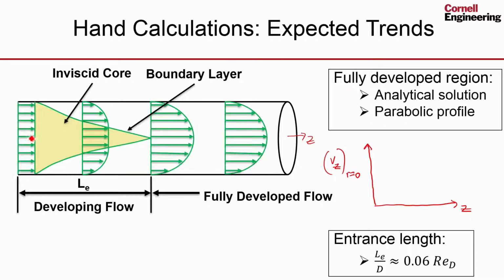It has to start off at whatever value is specified, in our case 1, and it has to increase and then go to a constant. So I expect it to increase, and then in the fully developed region, it'll go to a constant. So that's a trend I expect for the centerline velocity, and we can check this trend against what we see in our numerical solution.